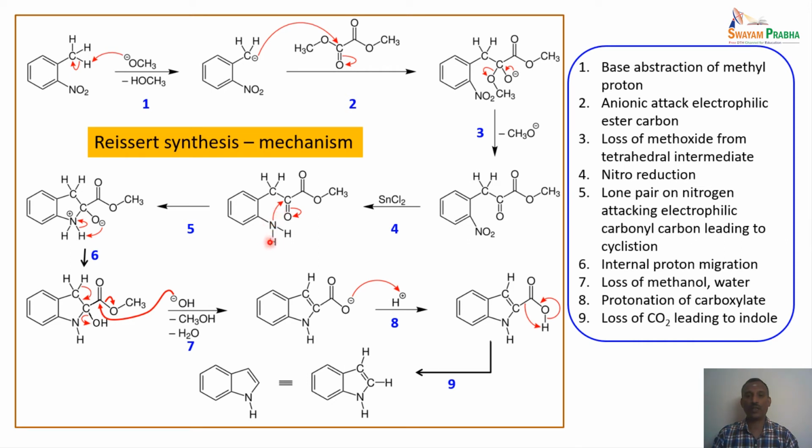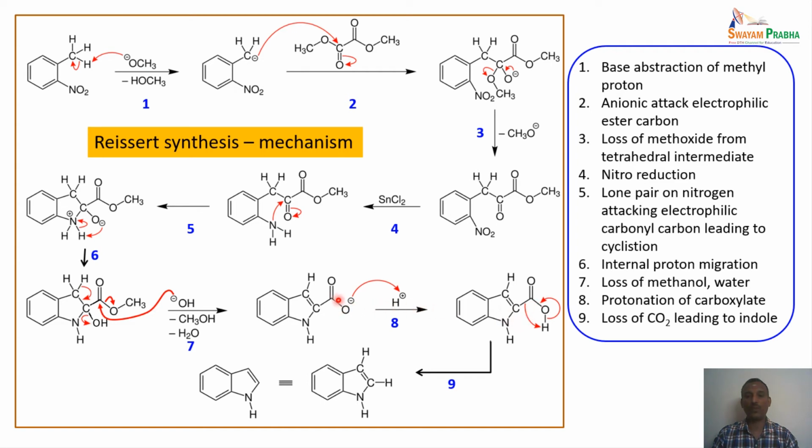So once the reduction happens, we have an amino nitrogen. Here the amino nitrogen has the lone pair of electrons, and that is the nucleophilic one for this particular cyclization. So this lone pair on nitrogen attacks the electrophilic carbon, leading to the cyclization and internal proton migration, followed by loss of methanol and water molecules, as shown here in these particular steps, leads to this particular intermediate, and protonation of this carboxylate anion.